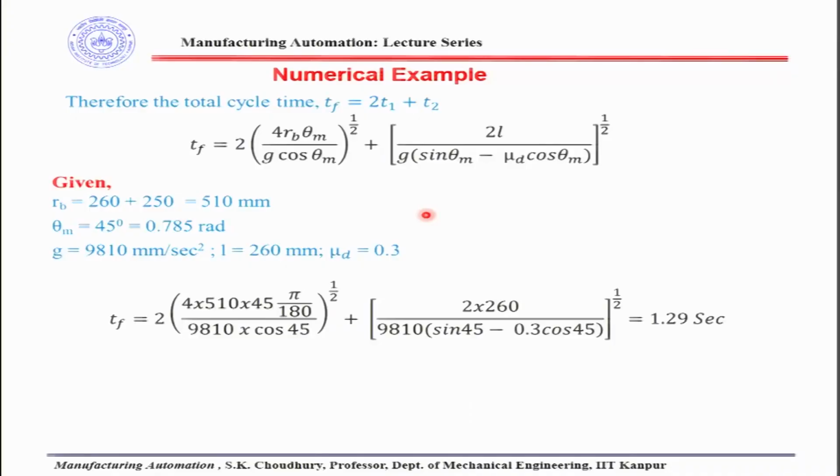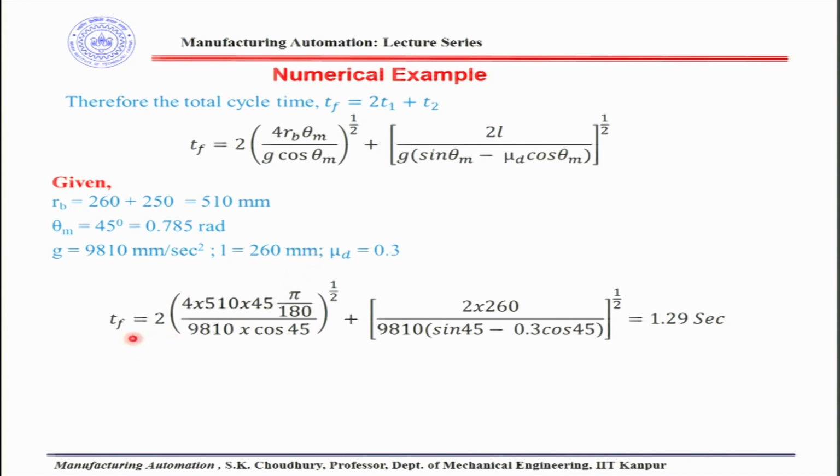And theta_m has been given as 45 degree, which is 0.785 radian. G we had taken as 9810 millimeter per second square, acceleration due to gravity. The length of the track given is 260 millimeter, and mu_d is 0.3.